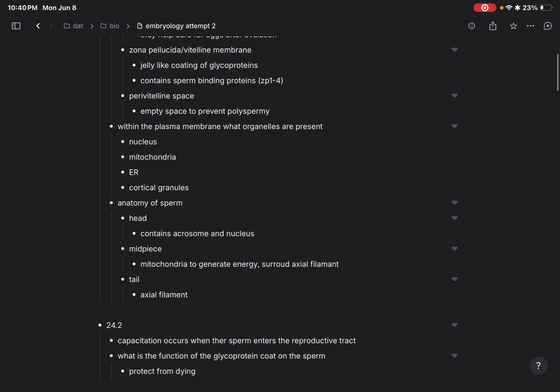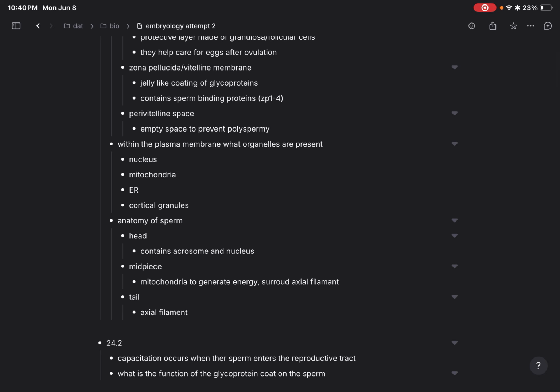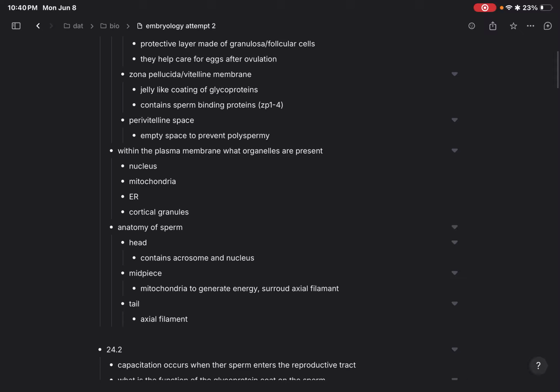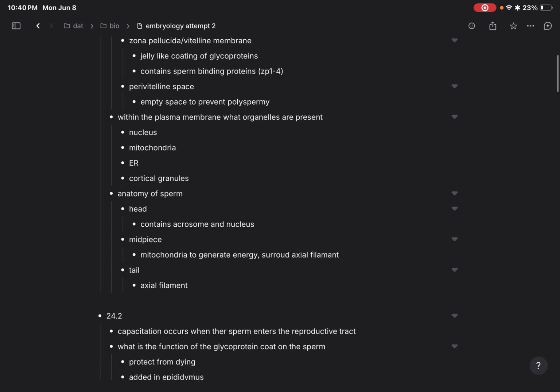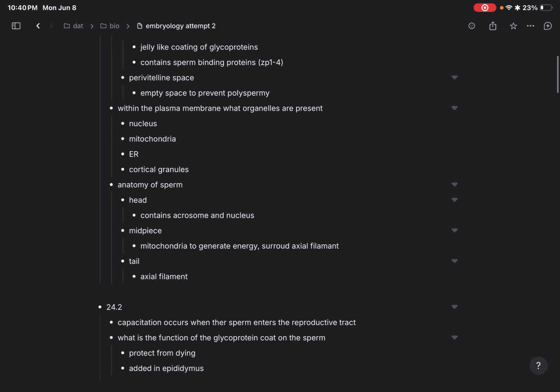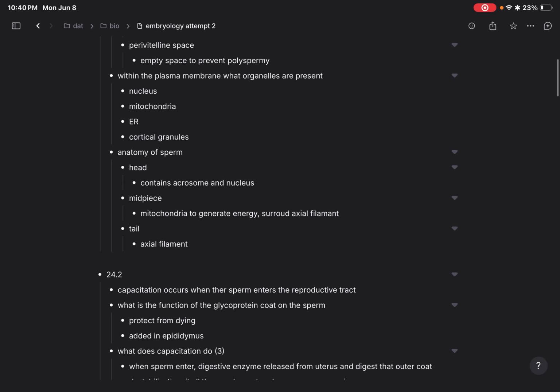Now within the plasma membrane, this is what's going to be after the perivitelline space. So the perivitelline space separates the zona pellucida and the plasma membrane of the egg. Within the plasma membrane, we're going to have the organelles: the nucleus, containing the haploid genetic information, the mitochondria, which is the mom's mitochondria, which will be in the fetus or the offspring.